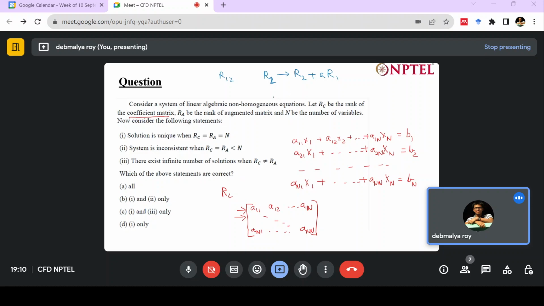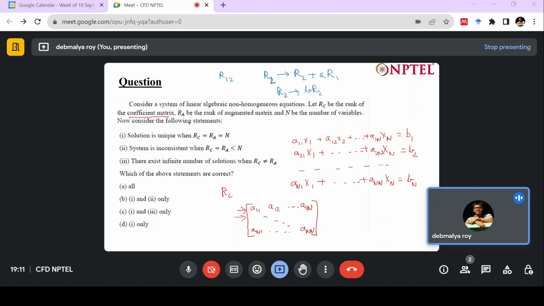And what else can we do? We can also simply multiply a scalar to a row, so R2 can become VR2, where this is the scalar. So these are the row operations that we can perform on a particular coefficient matrix. If you imagine we have a set of linear equations and we are trying to solve them by the usual elimination method that we learned in school, the operations we perform on those equations correspond to these row operations.